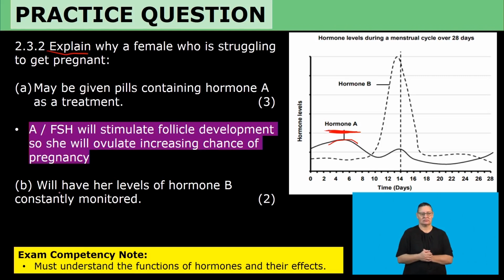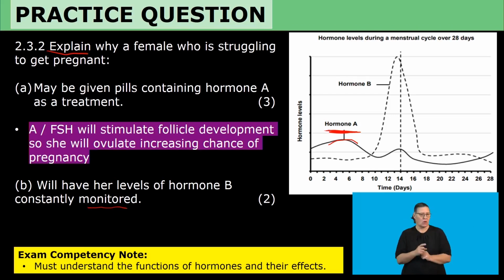B, you also now explain why she will have her levels of hormone B constantly monitored. So we're talking about the female struggling to fall pregnant.